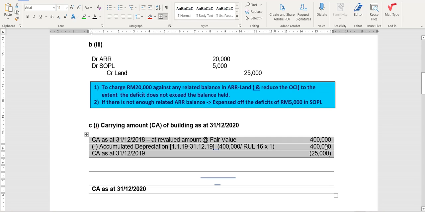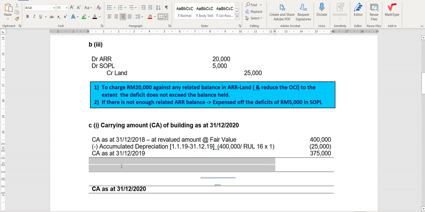The depreciation should be 25, and the carrying amount is 375, because it is the revalued amount minus the accumulated depreciation.